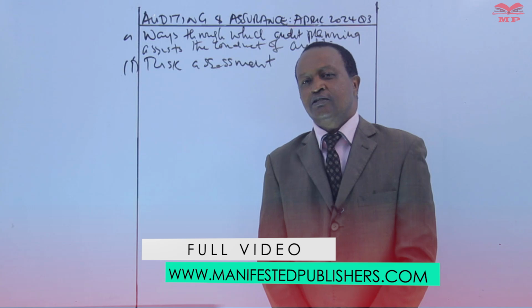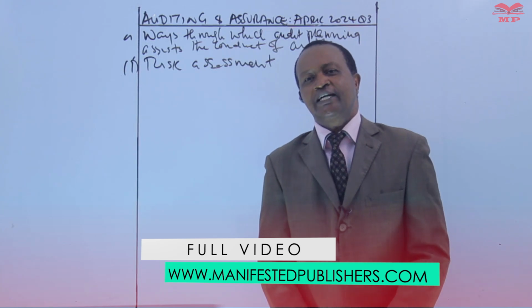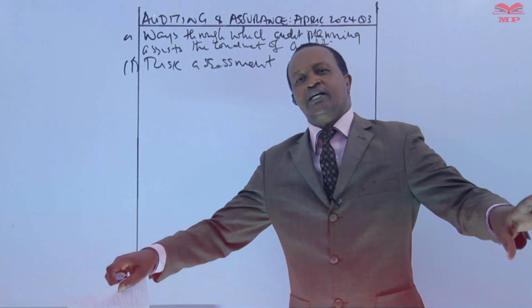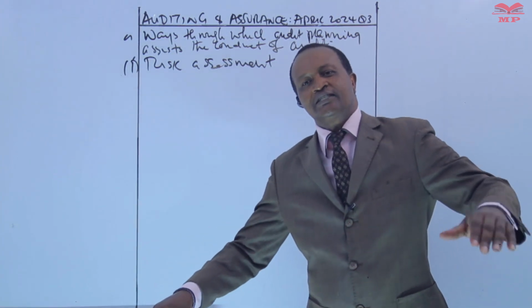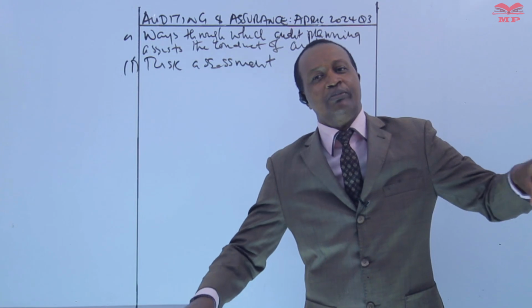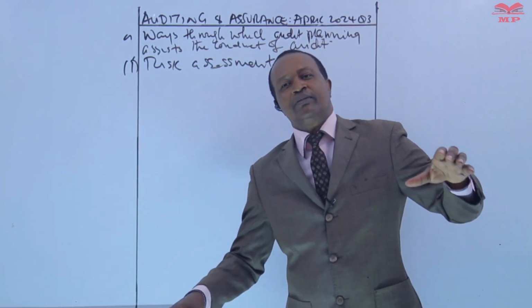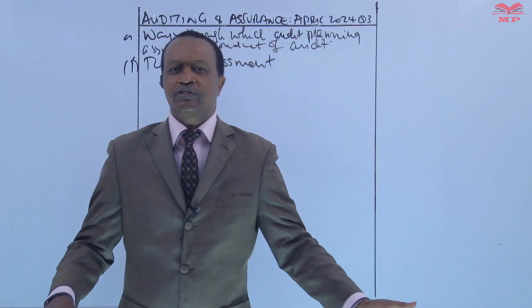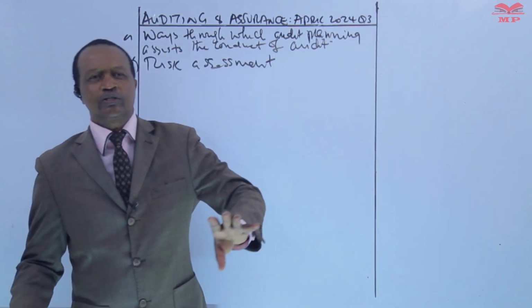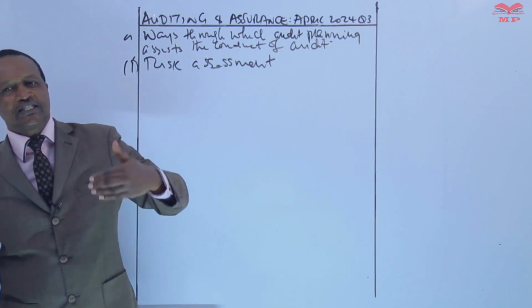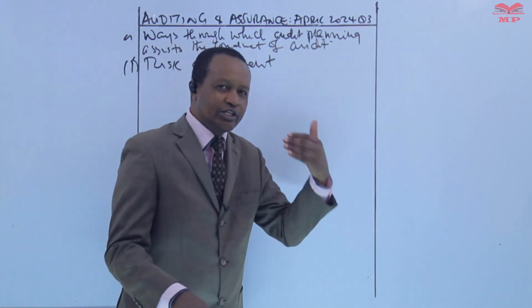And the auditor does that by understanding the client's business, the industry in which that company operates, and by understanding internal controls. Through all that, the auditor can determine the areas that require closer scrutiny.